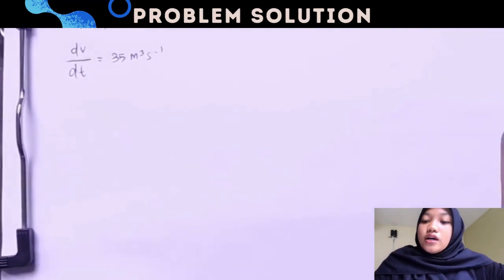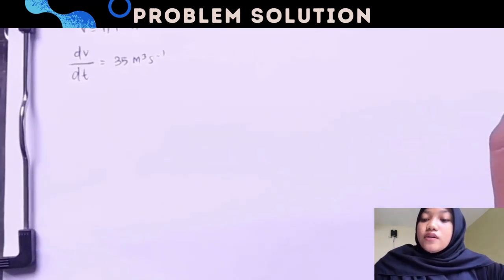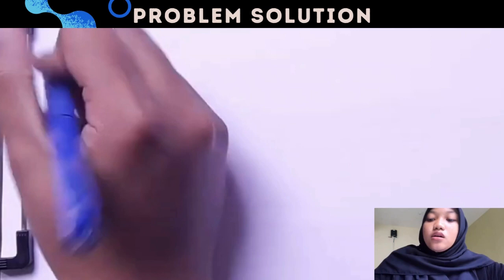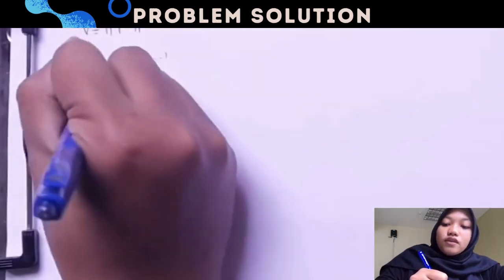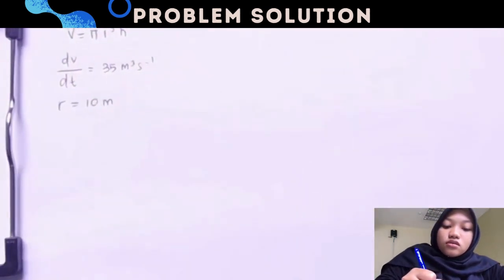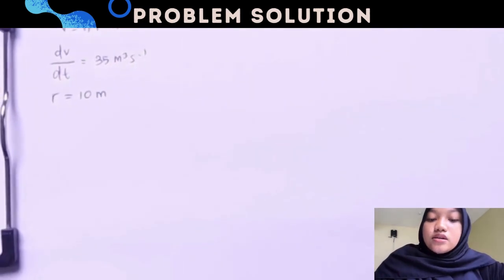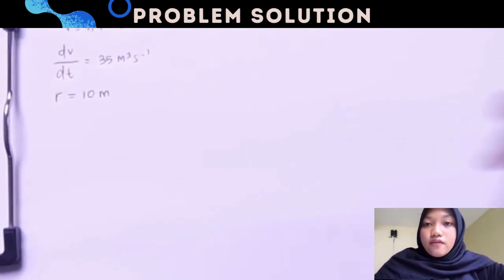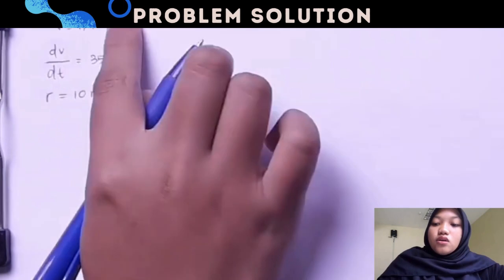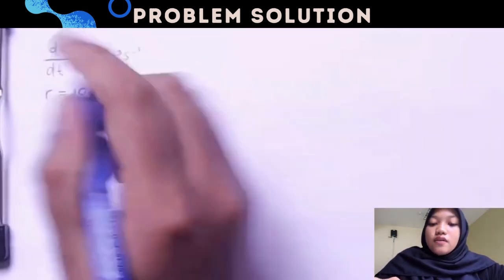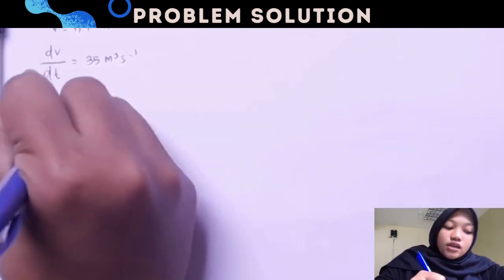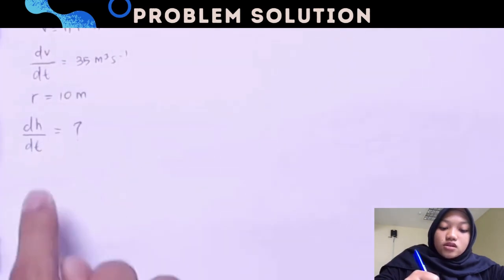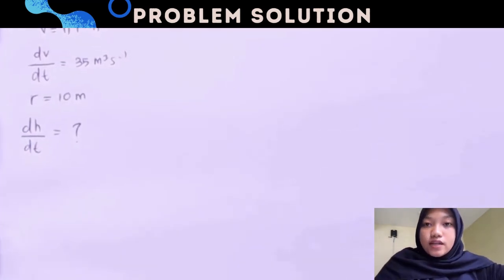The last information given is r equals 10 meter, where r stands for the radius of the tank. What the question wants is the rate of change of the height of azeotrope, which is dH over dt. So we have to find dH over dt.